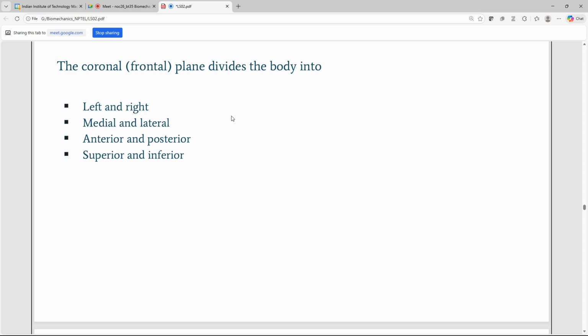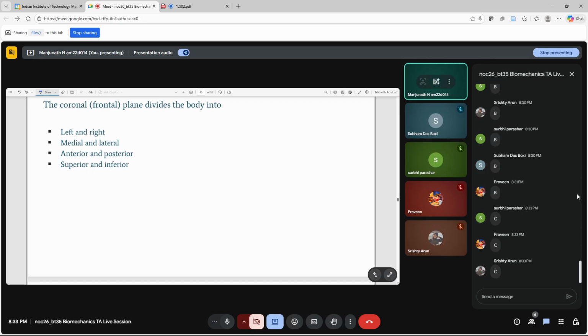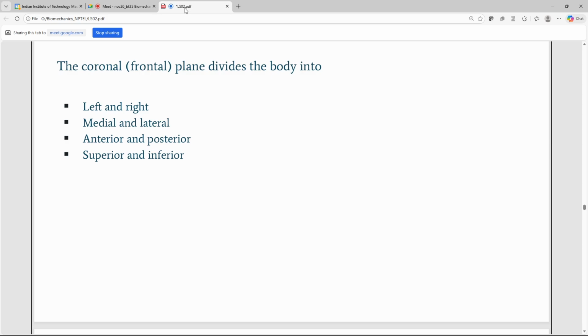The answer is C, anterior and posterior.